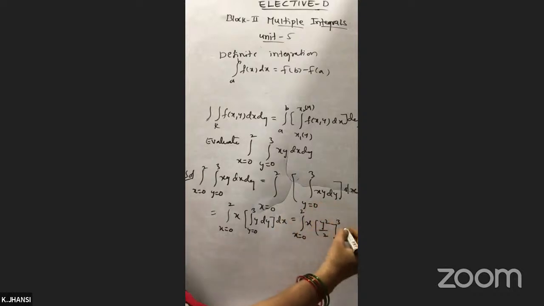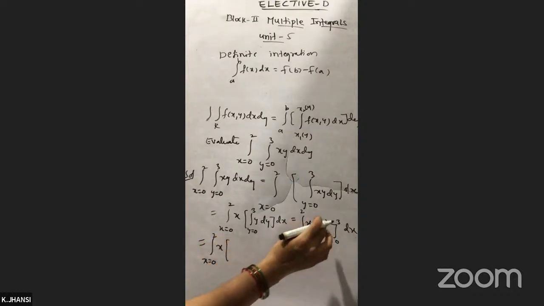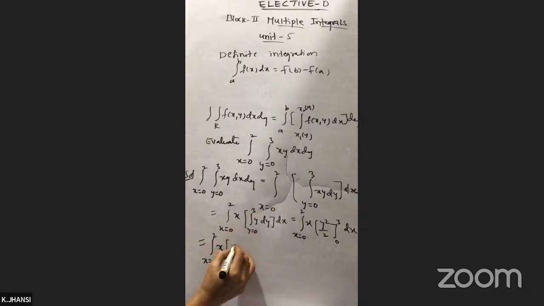It is x times upper limit minus lower limit, that is 3 square by 2 minus 0.